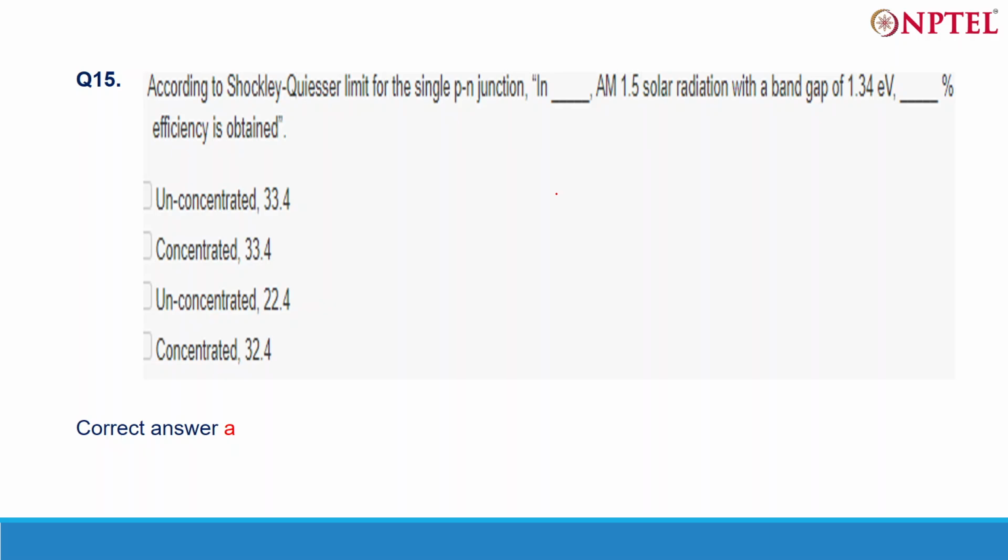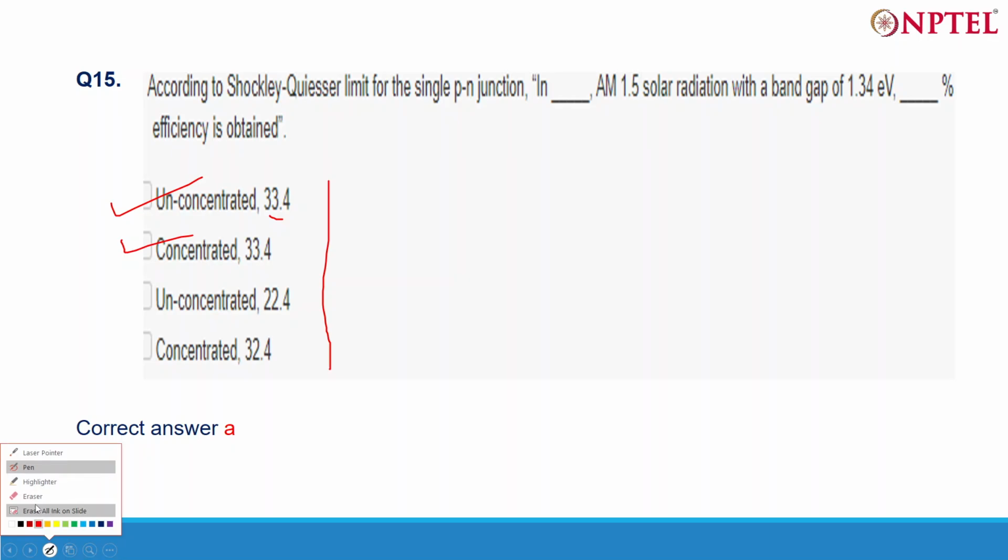If we see the options, in concentrated light we can obtain a higher efficiency than 33.4. So it is basically unconcentrated, air mass 1.5 solar radiation with band gap 1.4, where 33.4% efficiency can be obtained. So the correct answer is A, unconcentrated and 33%.